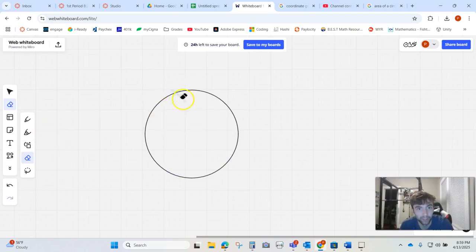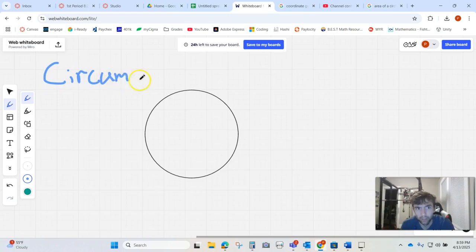Area, circumference. You know what the circumference formula is. Or do you? Hold on. What is the circumference formula? How do you find the circumference of a circle?